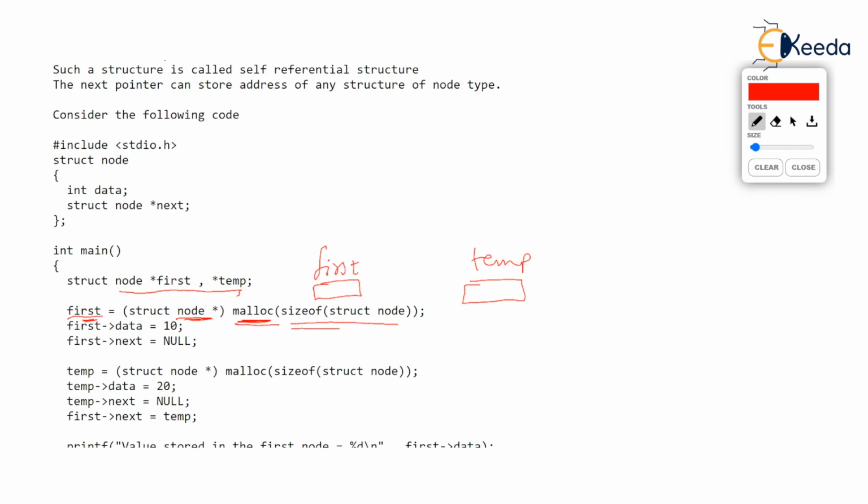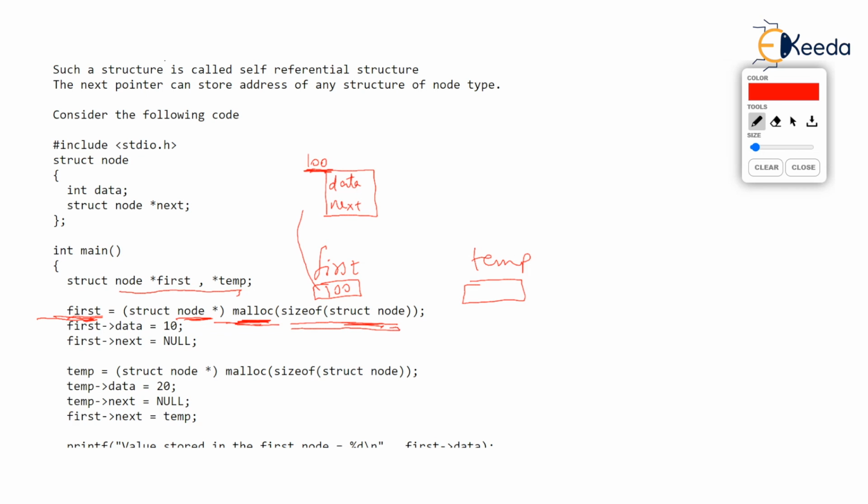By the way, if we assume that int data consumes 2 bytes and pointer next consumes 2 bytes, then exactly 4 bytes will be allocated by malloc because the size of node will be 4. But let's not go into those details. Definitely data will be there and next will be there. And whatever is the base address, maybe 100, at which the new node was allocated, will be stored by first. As you see at this line, first stores the address of the newly allocated node. So first will point to this node.